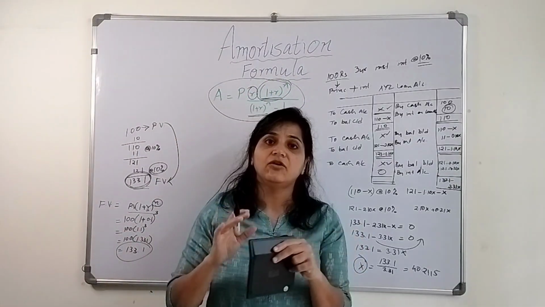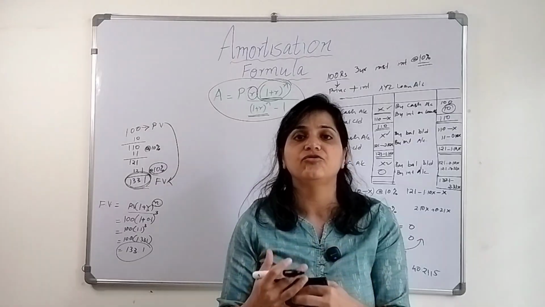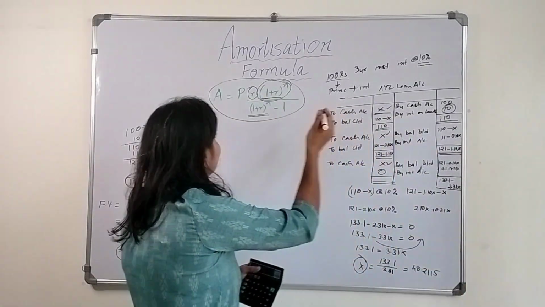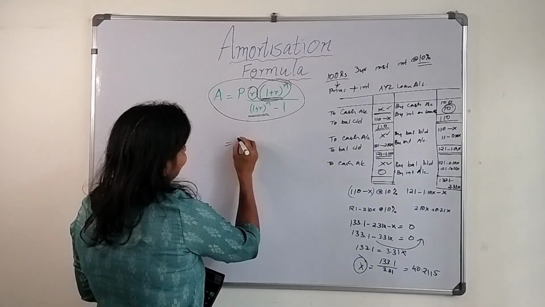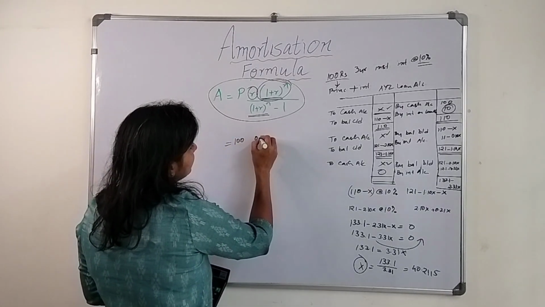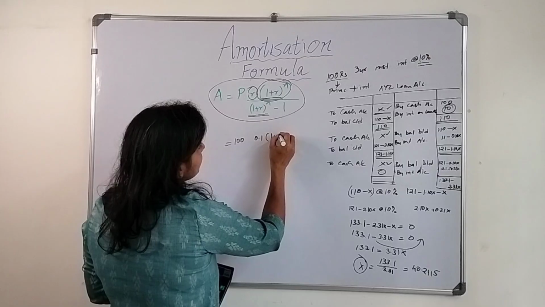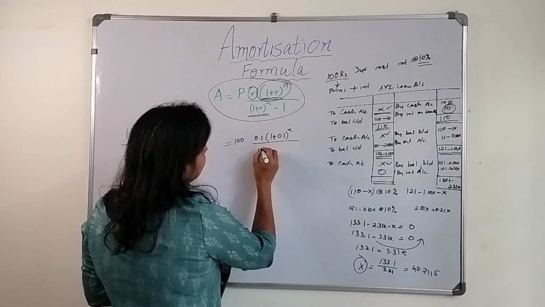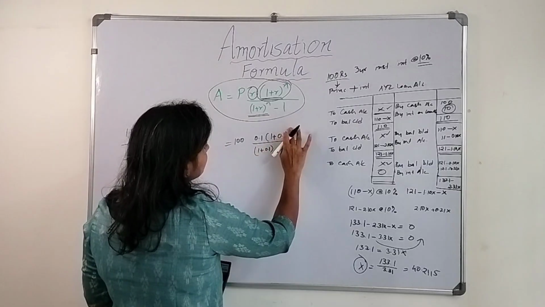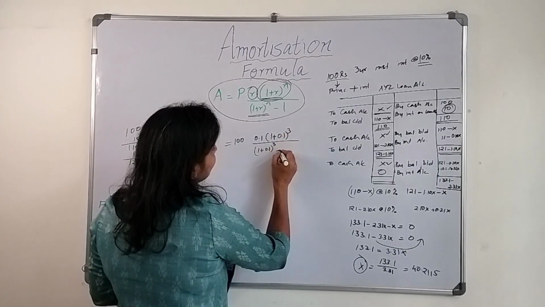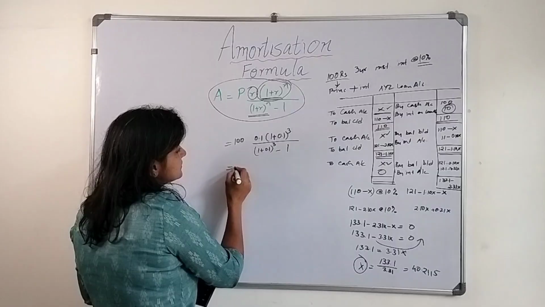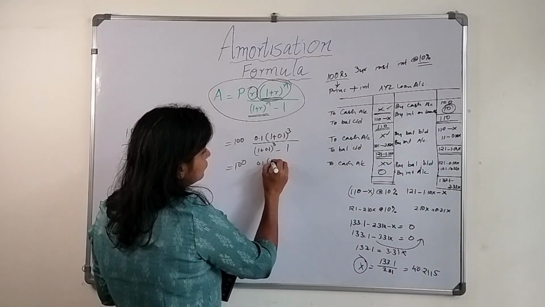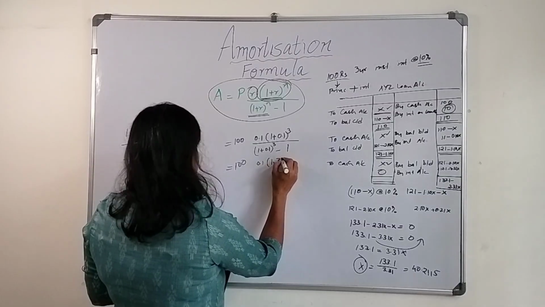So at the end of the year, how much is the weight of the interest on this particular amount? Let's say here P is 100, the rate of interest is 0.1, 1 plus r, that is 1.1, raised to n, divided by 1.1 raised to 3 minus 1. Now how much is the weight of interest on this amount? 0.1 into 1.331.